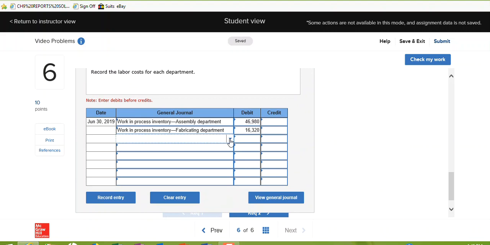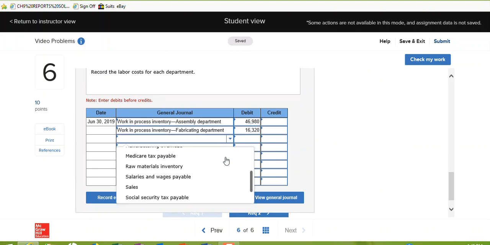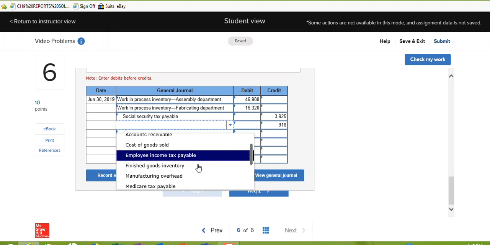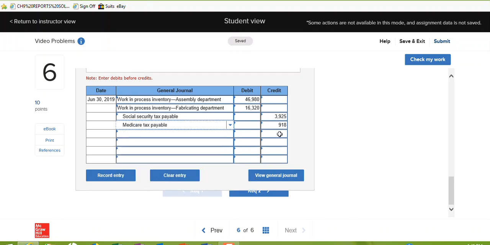So Social Security, and mine was for $3,925. My Medicare was for $918. And these are all payables because we've got to pay this stuff into the government.